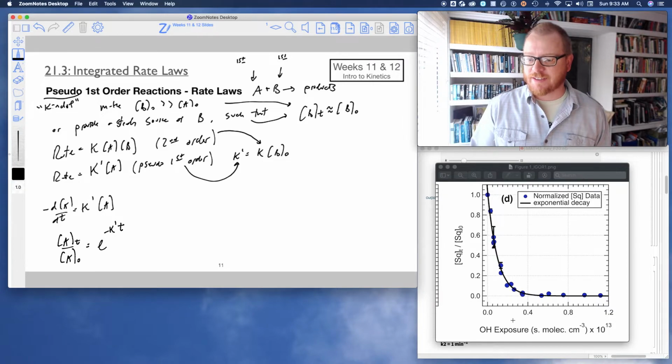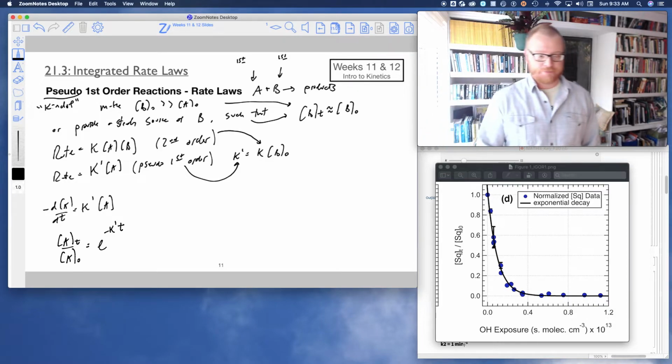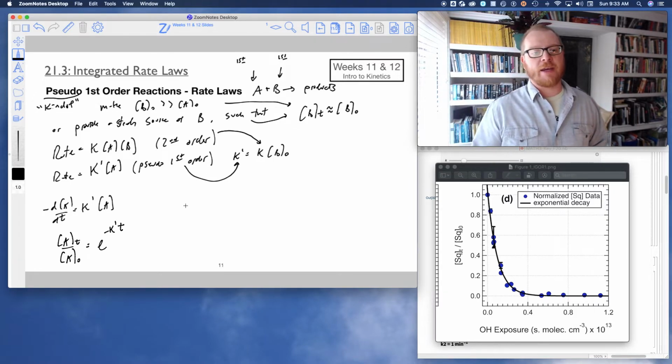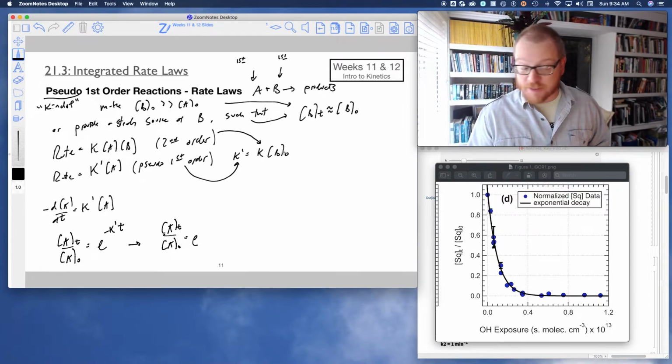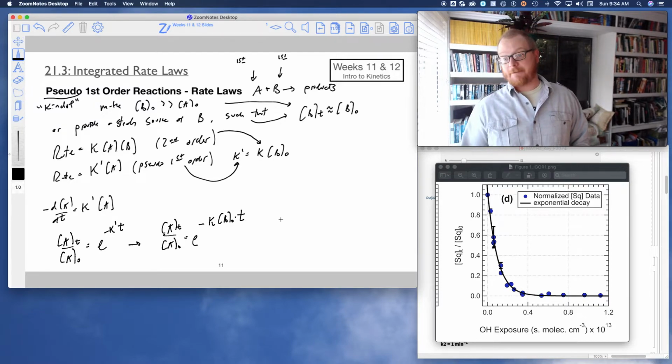So now what about this x-axis? I didn't put this in time. It's called OH exposure, or just generally exposure. So what does all of that mean? Well, I'll remind you here. Let's expand on this. Okay, A of t over A0 equals e to the negative k prime t. So we said that k prime is k times this B. So let's fill that in. So let's actually go ahead and write this as k times B0 now times t.